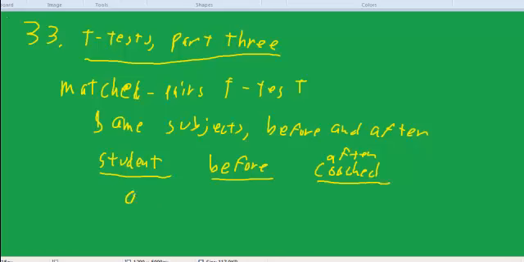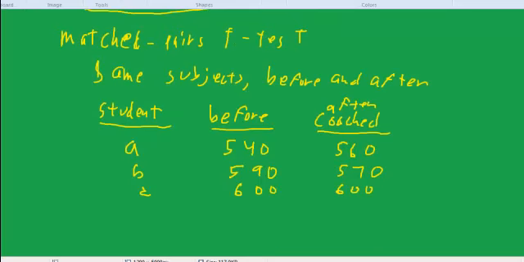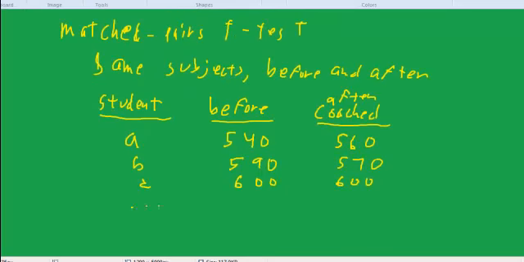So student A, let's say, gets a 540 the first time and a 560 the second time. Student B gets a 590 the first time and a 570 the second time. Student C gets a 600 both times. And so on down the line.